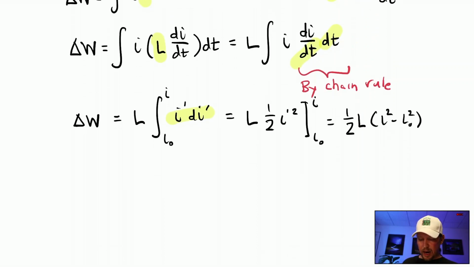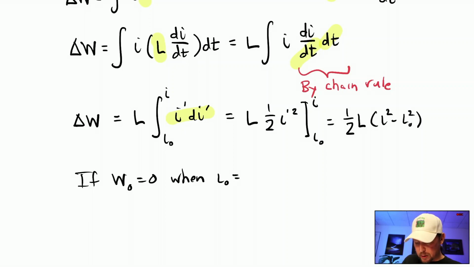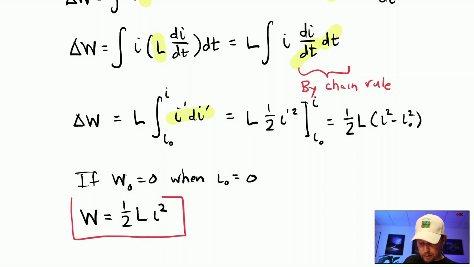Right. Now, if we can agree that the energy stored in the inductor when the current is zero is also zero. So if current stored in the inductor is zero, and this initial current is zero, then this above equation tells us that the energy, and this is an instantaneous energy, in the inductor is equal to 1/2 the inductance times the current within that inductor squared.